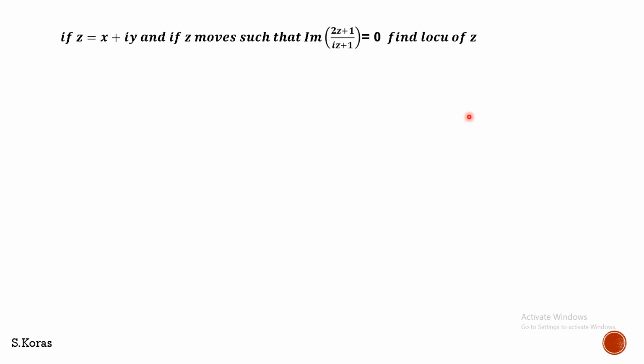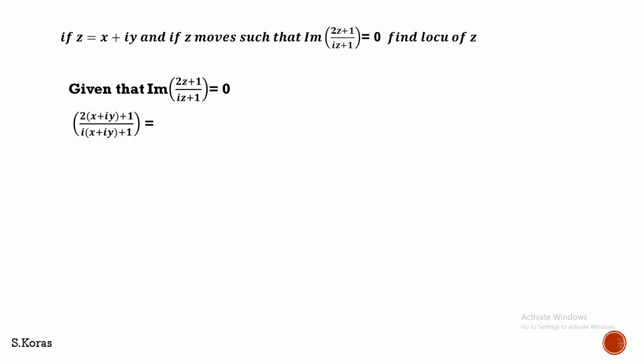We are going to consider z as x plus iy, and we are going to simplify this part, and we can get its imaginary part. It is very simple. The given is: imaginary part of (2z plus 1) by (iz plus 1) should be equal to 0. Let us consider z as x plus iy.